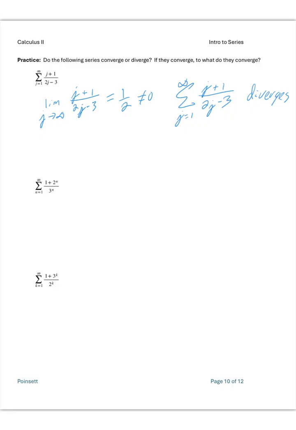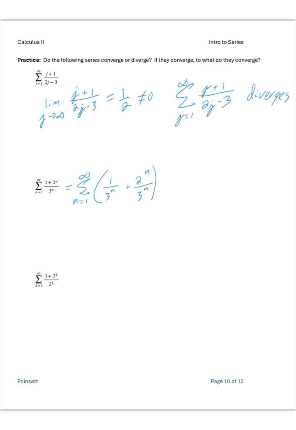Now again, these two look like they are potentially geometric series. We need to rewrite them to see them in their geometric form. So first, we cannot pretend like this one is not here. We need to deal with that. Well, of course, using our distributive property, we can rewrite this as the sum as n goes from 1 to infinity of 1 over 3 to the n plus 2 to the n over 3 to the n.